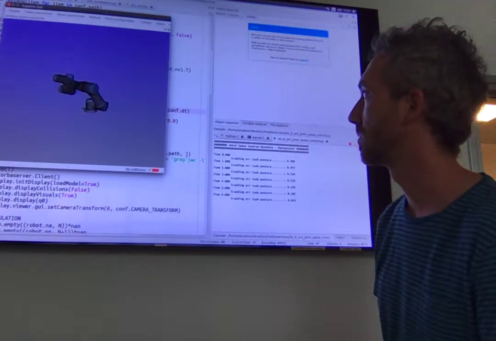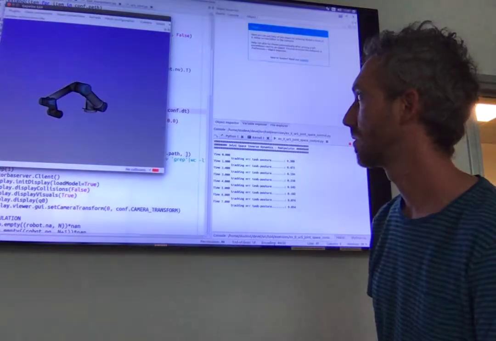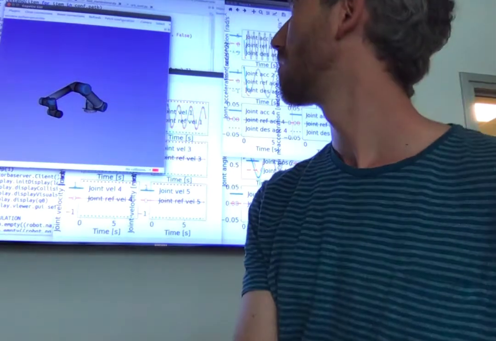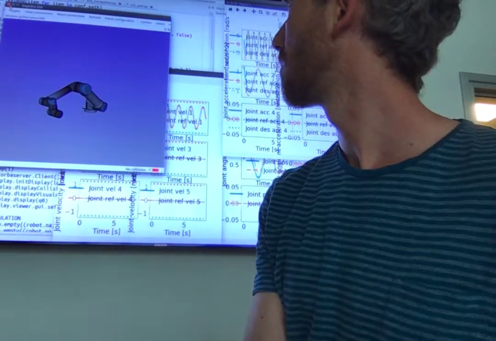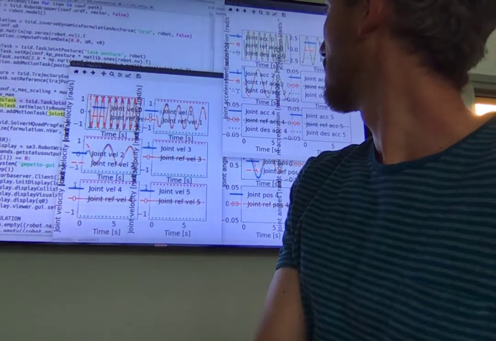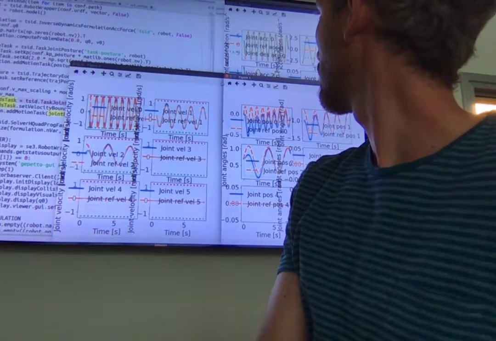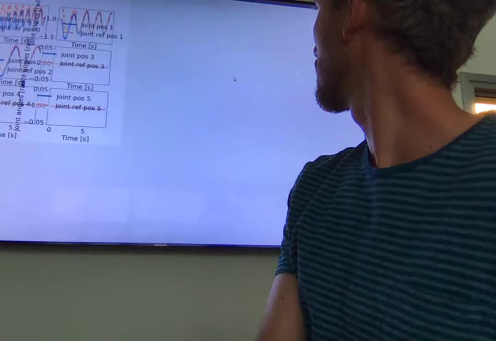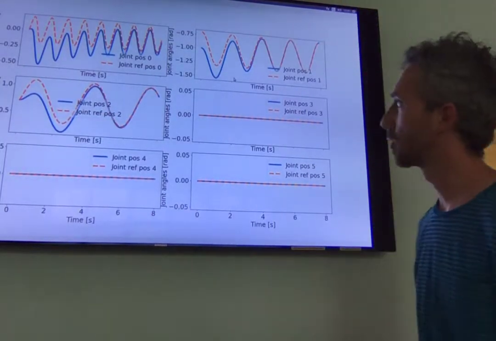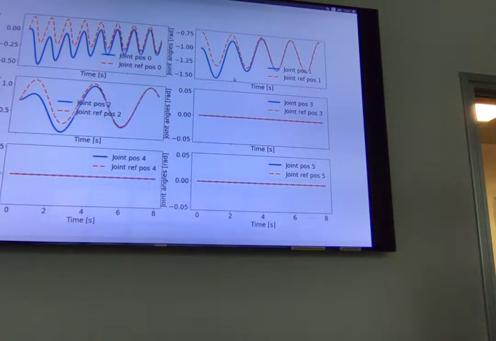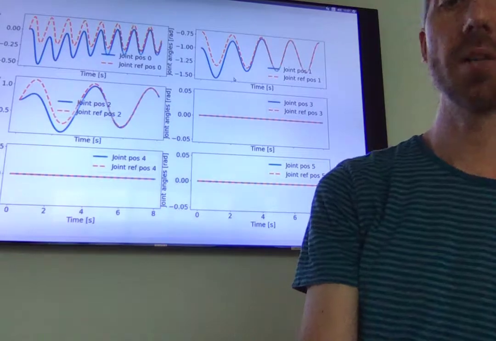here you have the weird motion of the robot. Here you have the joint position trajectory. You can see it's a bit different, but overall you always get convergence after a while.